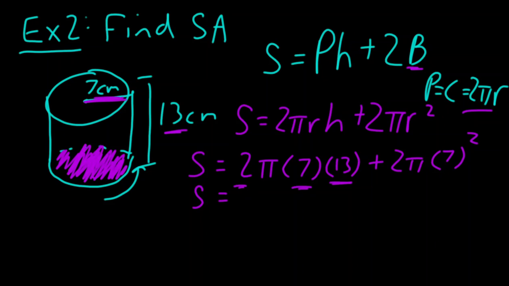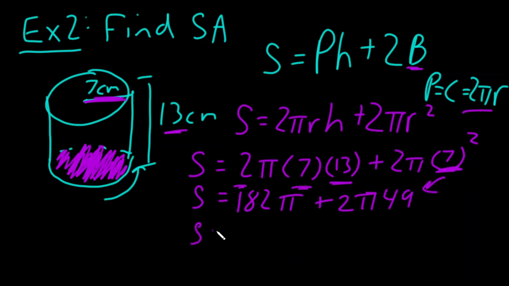And we'll say, okay, so we have 14 times 13, and that's going to give us 182 pi. Plus, here we have 7 squared, and let me just go ahead and write this out now that I have more space. So I'll write 2 pi, and we know that 7 squared is really 7 times 7, that's going to be 49, so I'll draw a little arrow there.